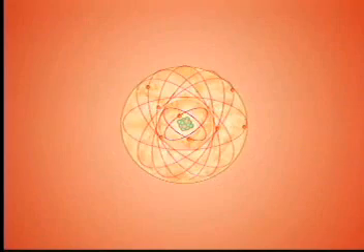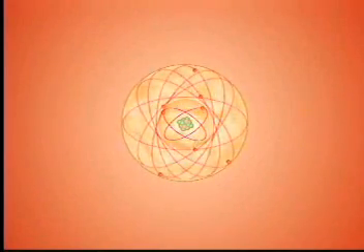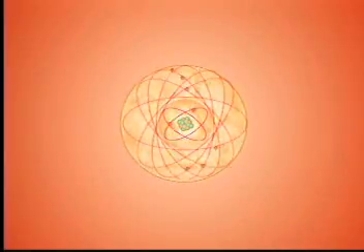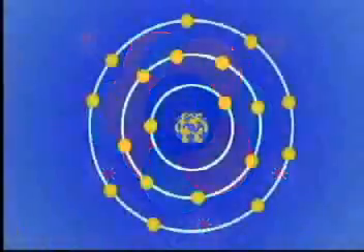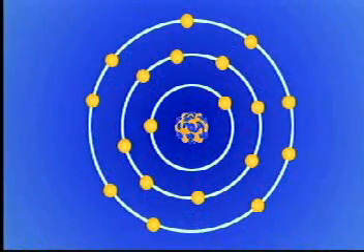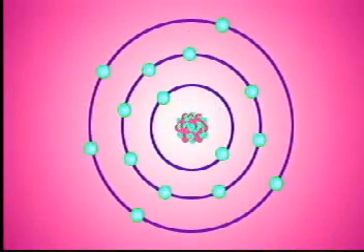Remember that atoms are held together by the attractive force created by negatively charged electrons rapidly orbiting around a positively charged nucleus. The attractive force between electrons and the nucleus can vary depending on the atom and the position of certain electrons orbiting the nucleus.